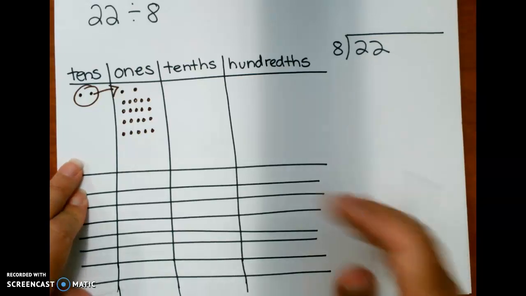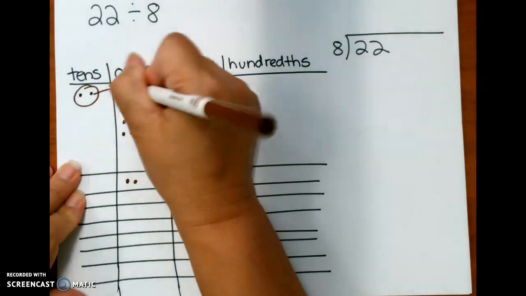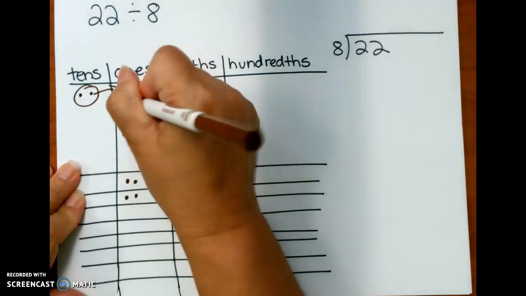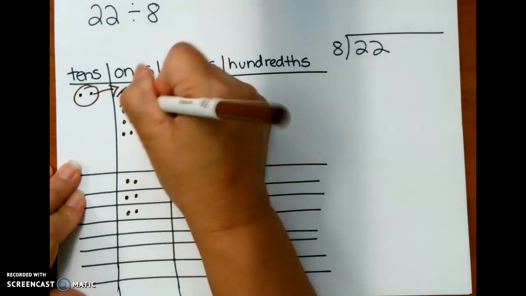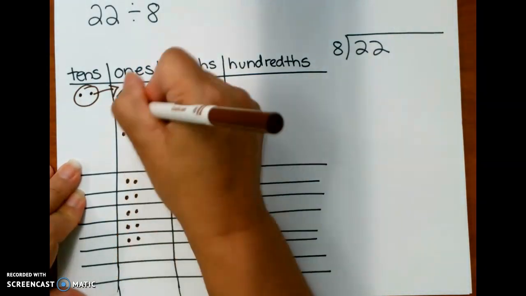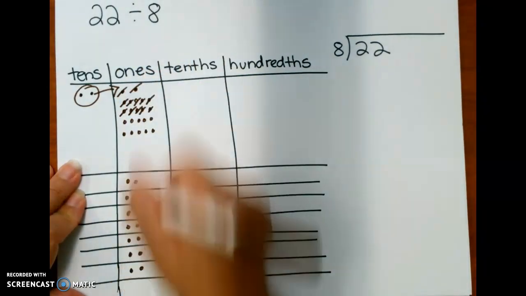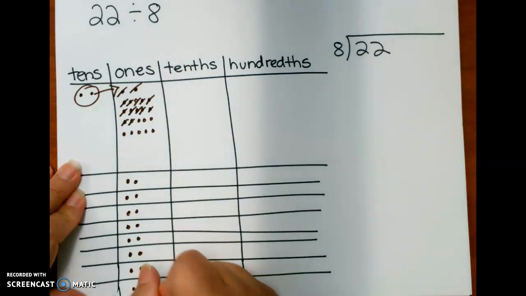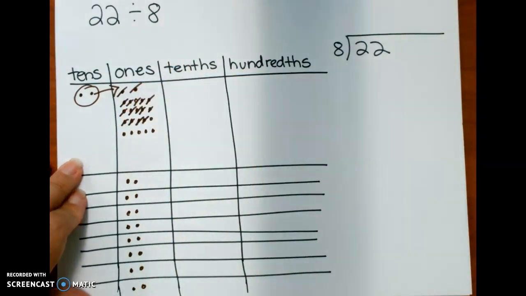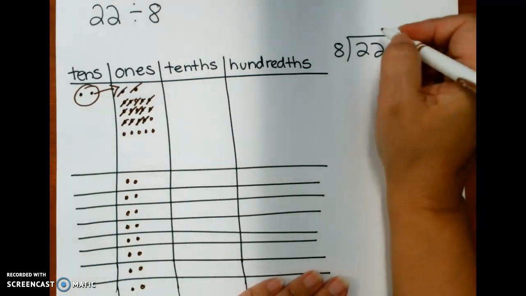There are 2 in each group. Okay? So there are 2 in each group, and then I have a bunch left over. We're going to deal with those in a minute.